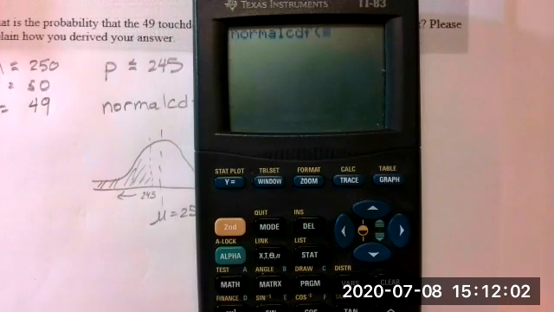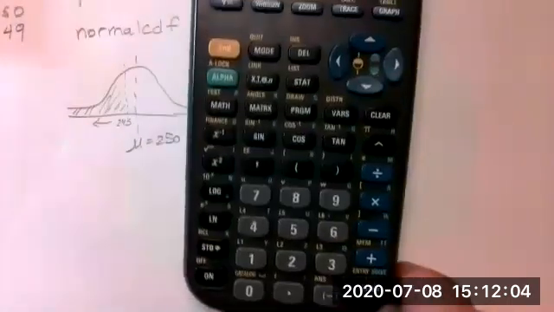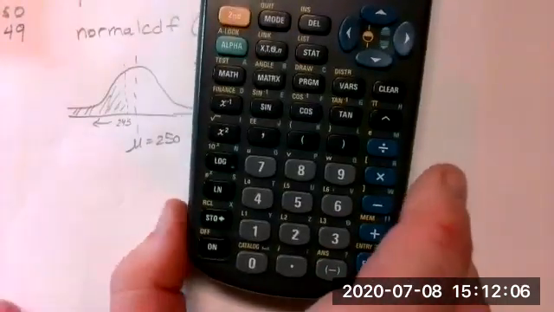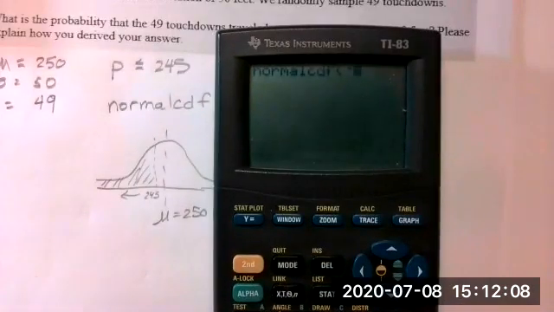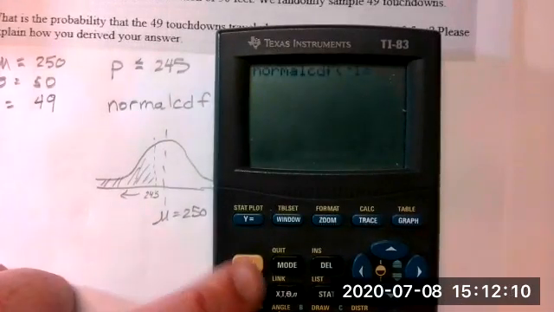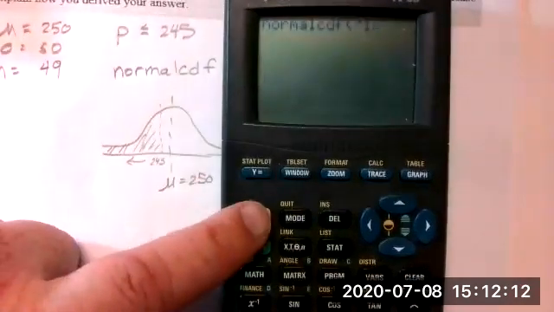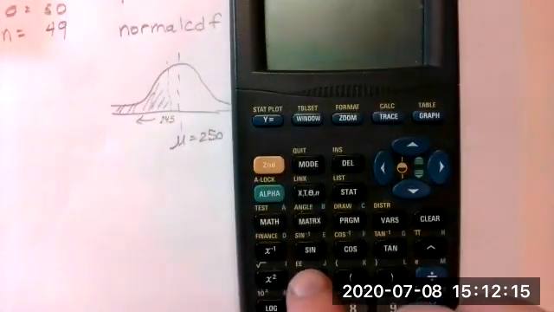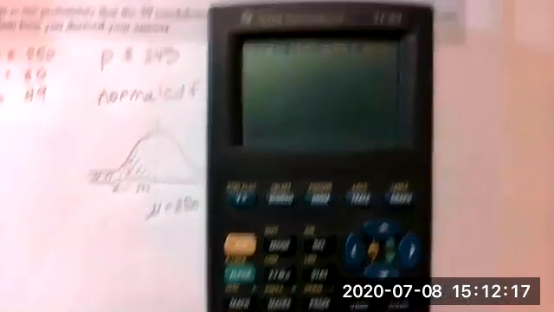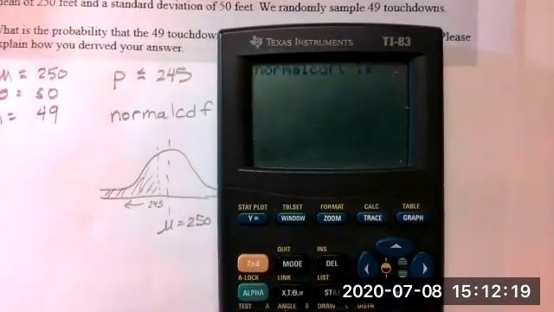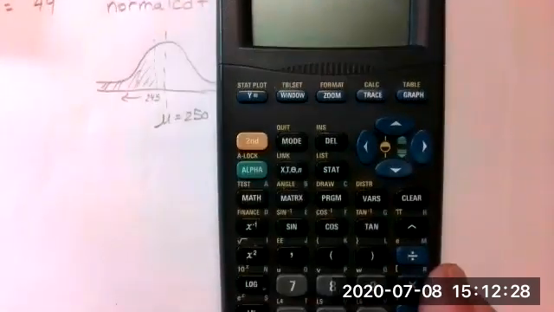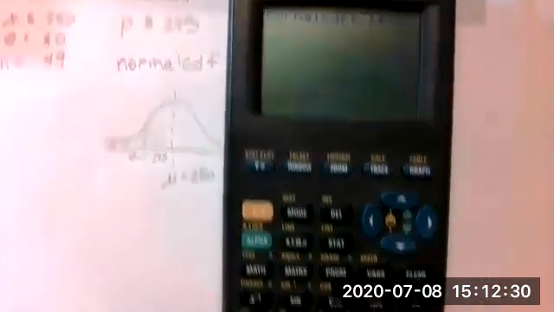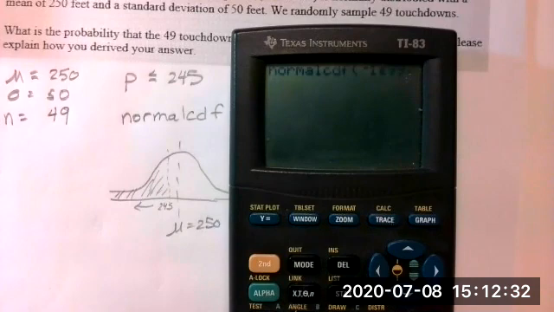To put that in, I'm going to use the negative key down here, -1, and then to do scientific notation, I'm going to go second, and then comma right here, that EE. So that's times 10 to the 99th. So it's -1 times 10 to the 99th. That's my lower limit, and then the comma. The comma key is right here. And then my upper limit is 245.